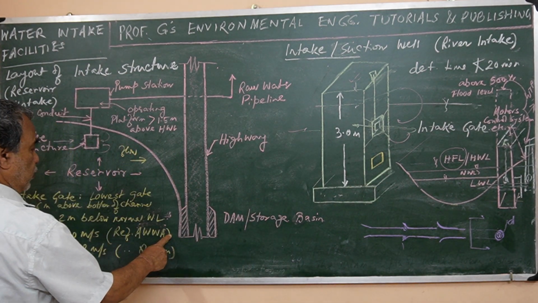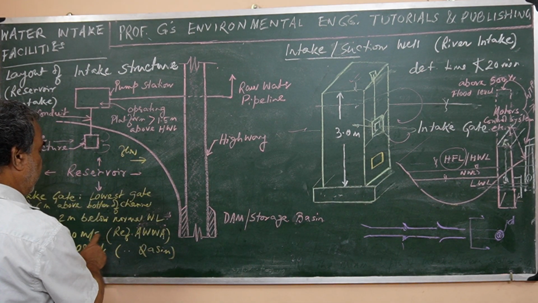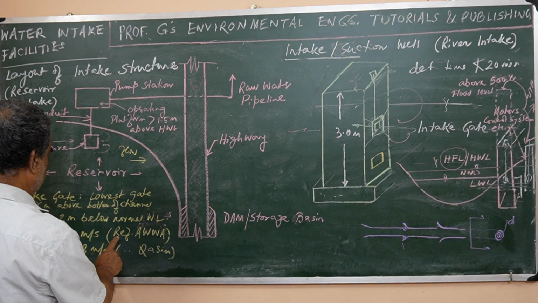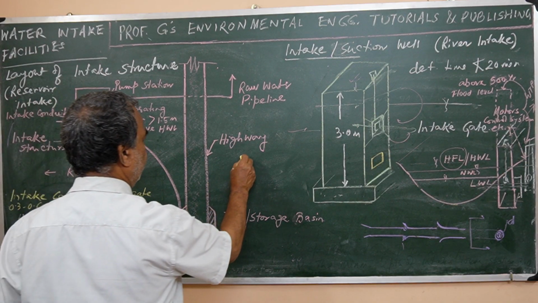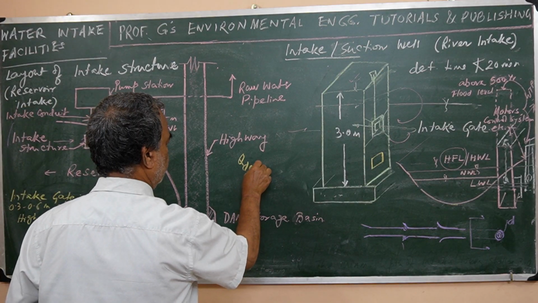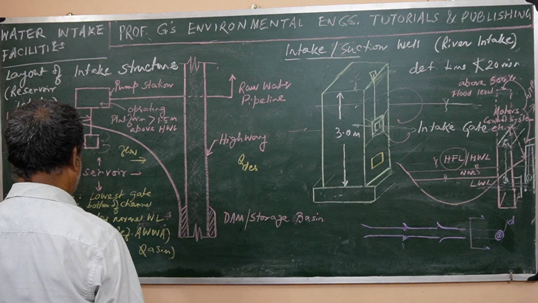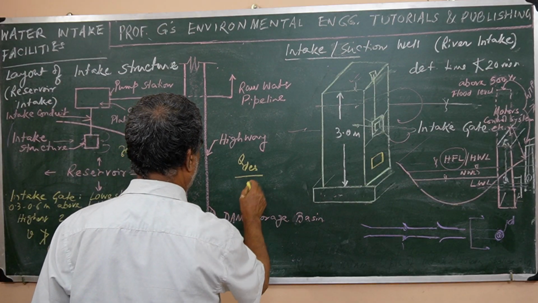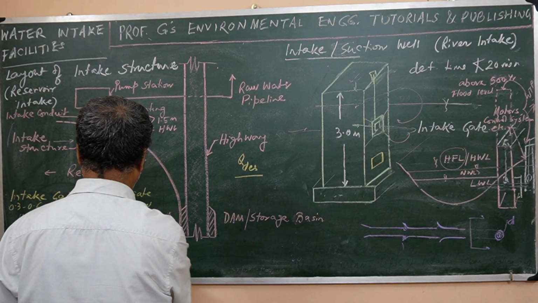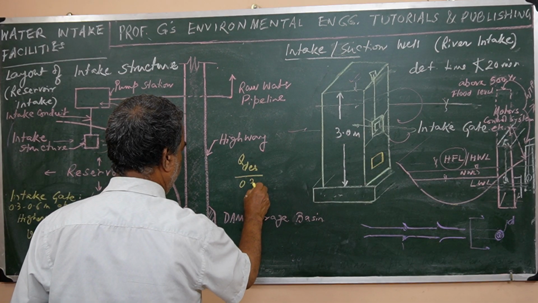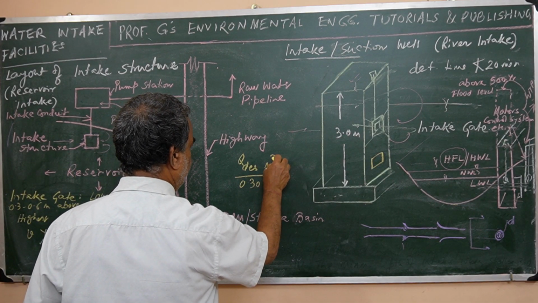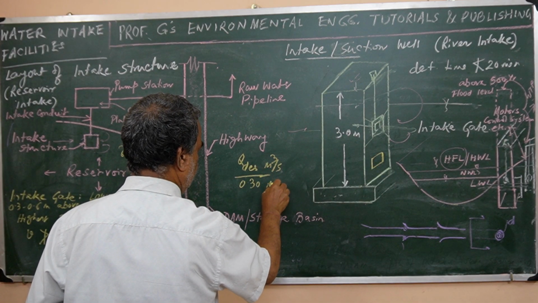right? So when you will use this one, suppose the discharge is there, Q design, you are designing based on that Q design value, then this actually is entering through this one with a velocity of 0.3. This is meter cube per second, say. This is meter per second.